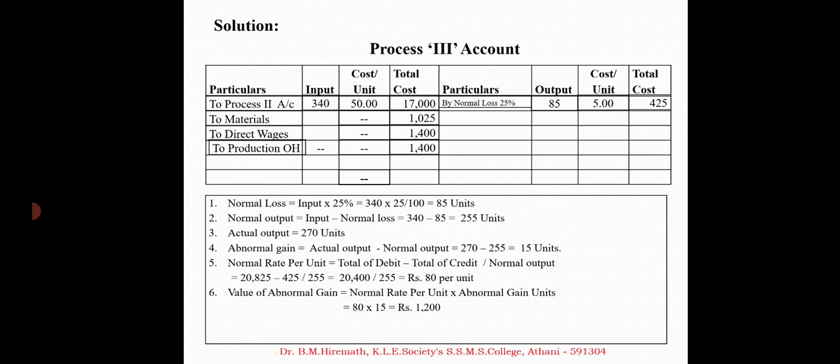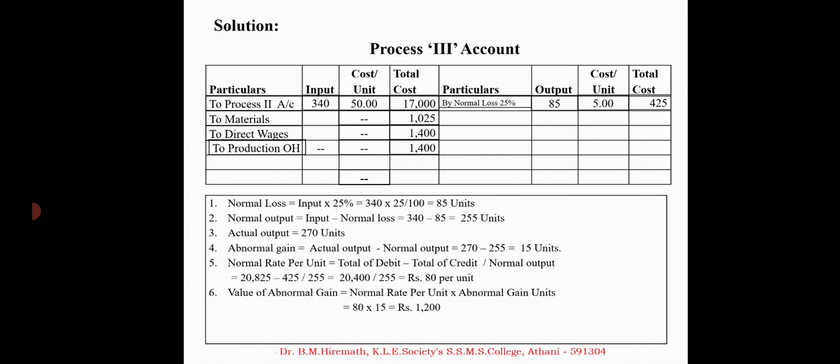Now let us calculate normal rate per unit. To calculate normal rate per unit, get the total of debit side separately here because abnormal gain is there. So get the total of debit side separately and the total of credit side separately. Total of debit side minus total of credit side, divided by normal output.